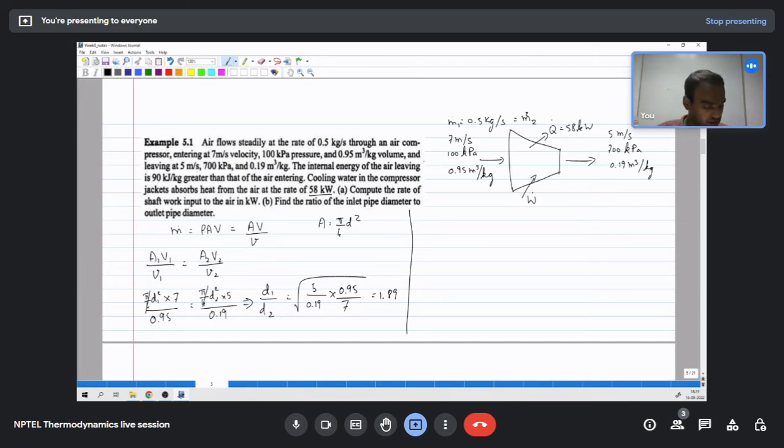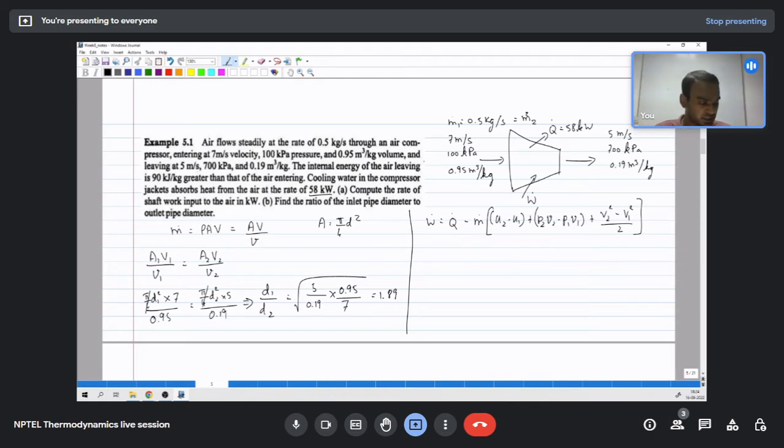Now we can calculate the shaft work that is done. From the steady state flow energy equation, we have W dot is equal to Q dot minus M dot into U2 minus U1 plus P2 V2 minus P1 V1 plus V2 square minus V1 square by 2.